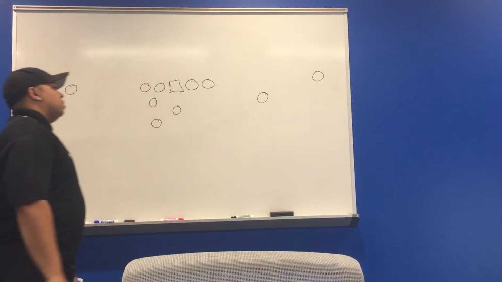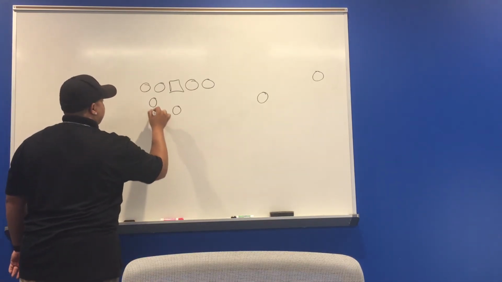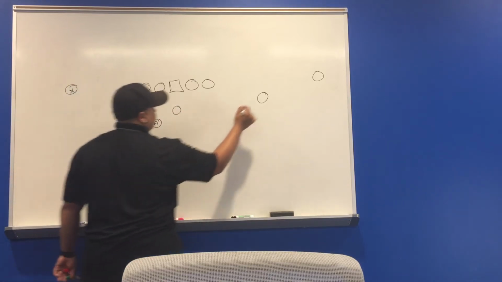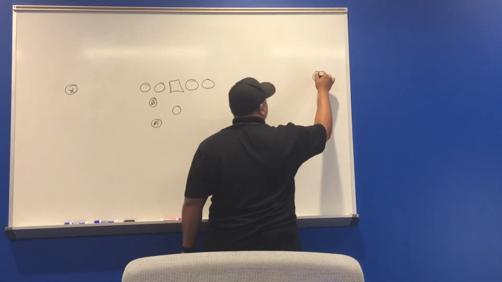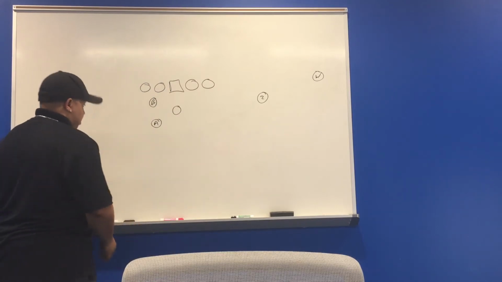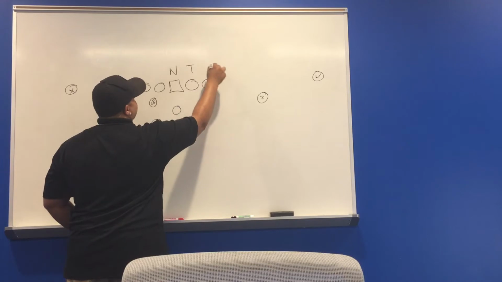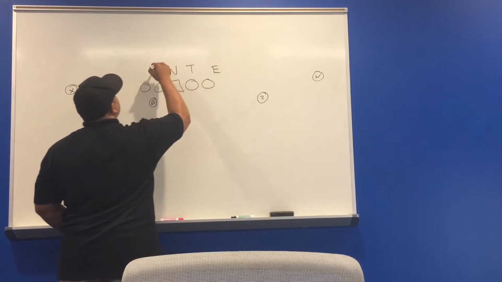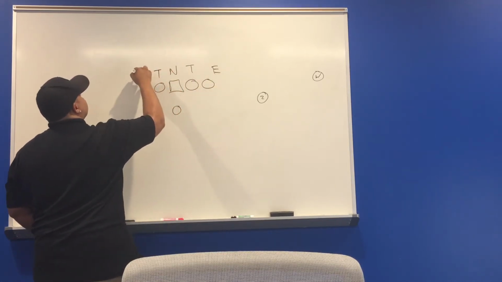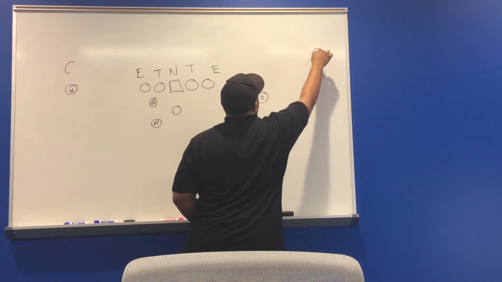All right. Here we go. X, A, B, Z, W. All right. And again, nose, tackle, end, tackle, end, corner, corner.